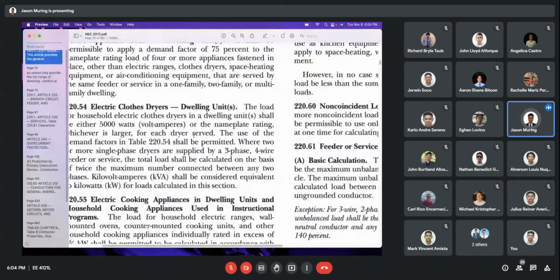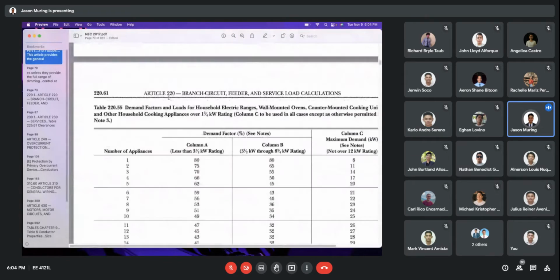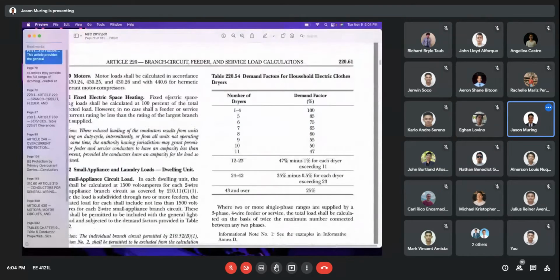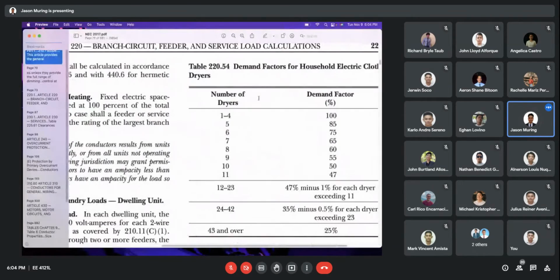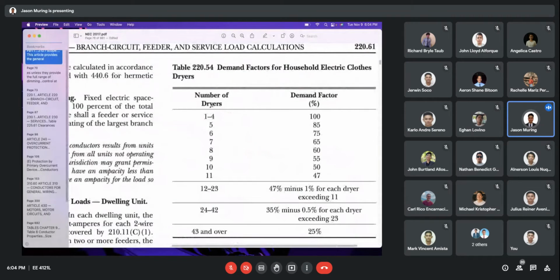If you have more than 5,000 watts, we look at 220.54. It depends on the number of clothes dryers in the same service.